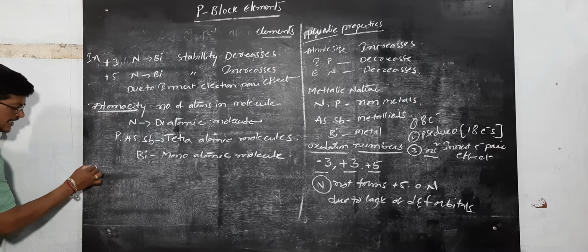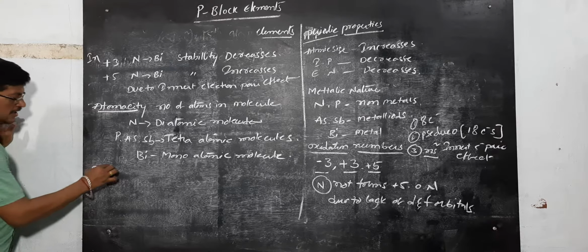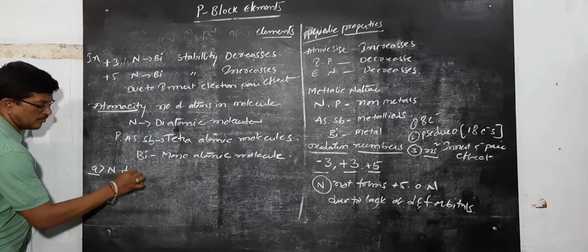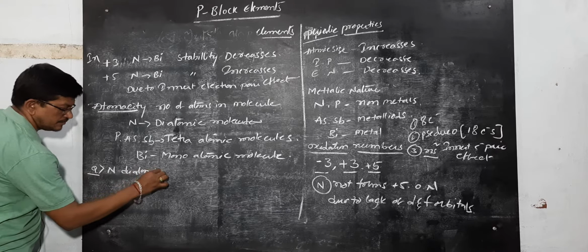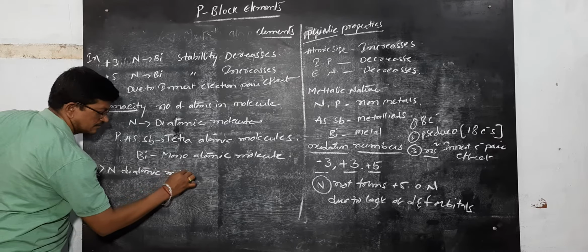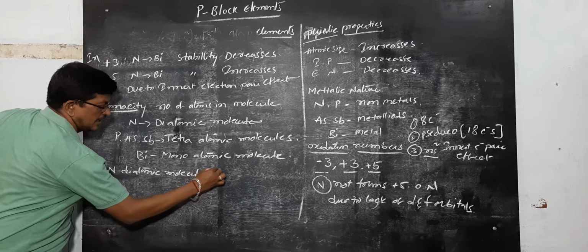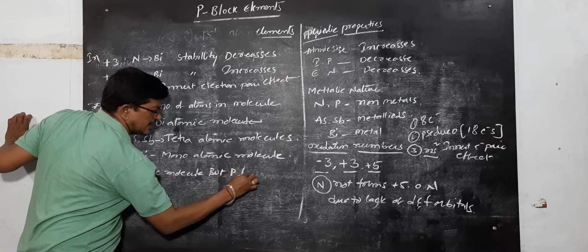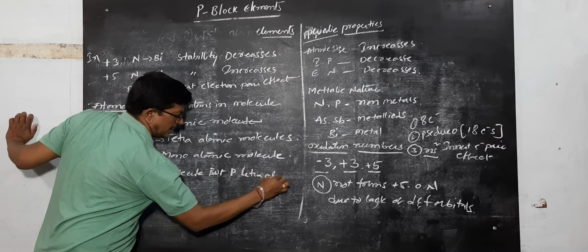The question comes like this in exams: nitrogen is diatomic but phosphorus is tetraatomic. Why?